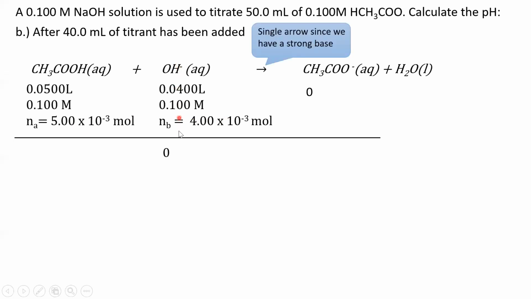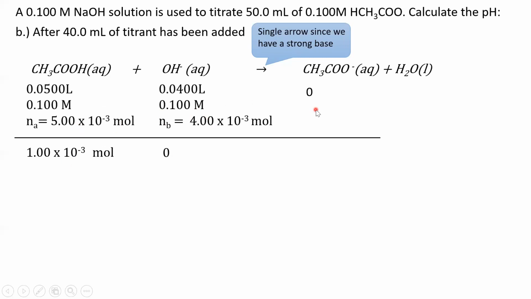So all of the base reacts. We've got 1.00 times 10 to the minus 3 moles of acetic acid. All we're doing is taking the 5.00 times 10 to the minus 3 moles that we started with, and we're subtracting 4.00 times 10 to the minus 3 because that's how much of it reacts. This is how much is left over.